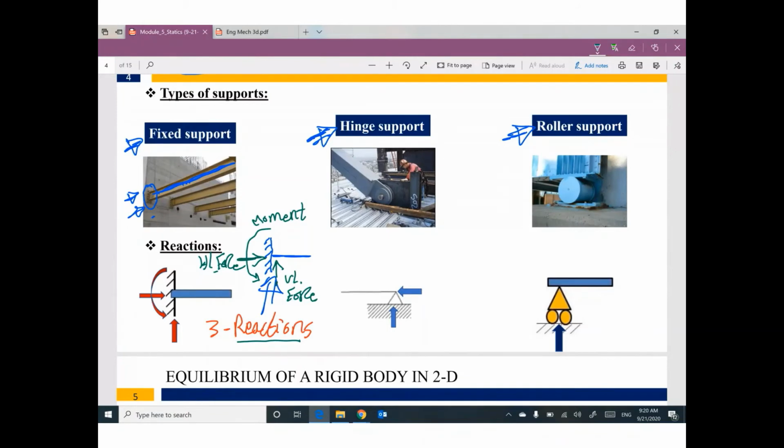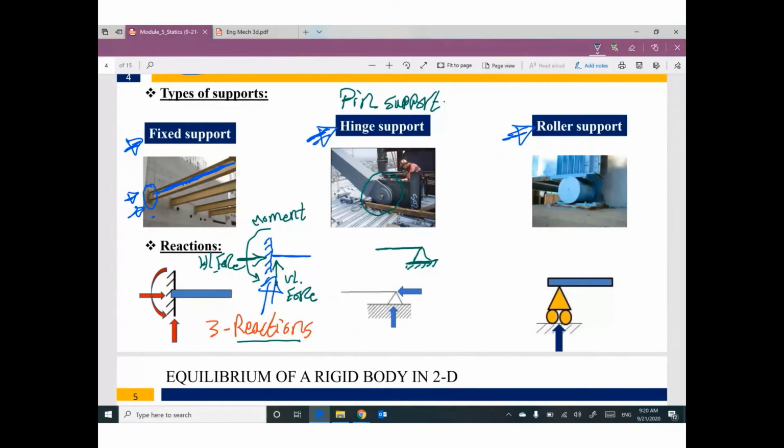Sometimes we have something called a hinge or pin support. A pin support looks like this. In our course it will be represented as a triangle with a base, and this triangle is connected to the beam.